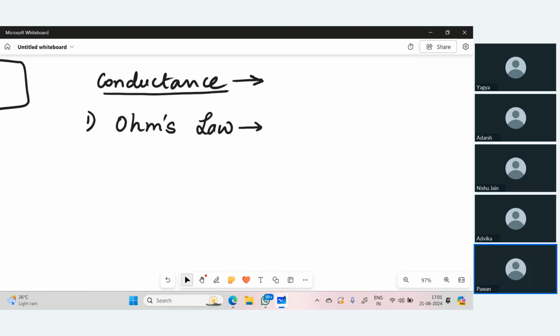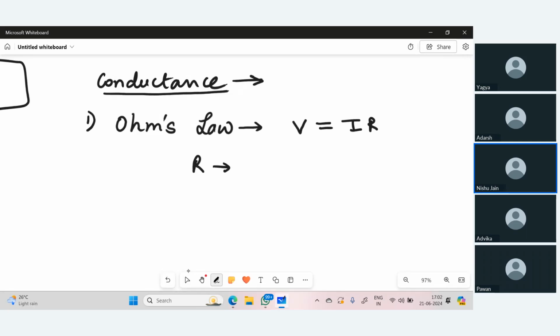I have an idea from physics. Tell me. Is it volts is equal to current into resistance? The current flowing through a conductor is directly proportional to the potential difference applied across the electrode. So you know V is equal to IR. V is the potential difference, I is the current, R is the resistance.